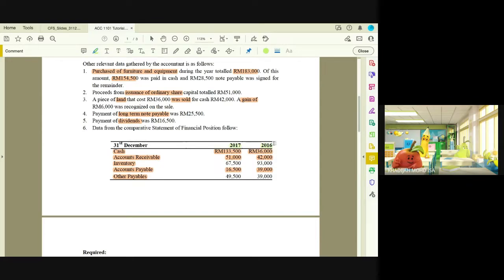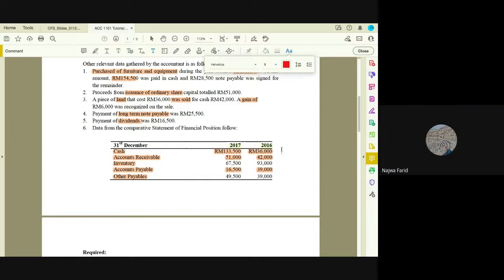For example, here you have 2016, a balance of cash of 36,000, but in 2017 there's an increase. The balance is 133,500. So here, is that an increase or decrease? Is the cash balance from 2016 to 2017 increasing or decreasing?